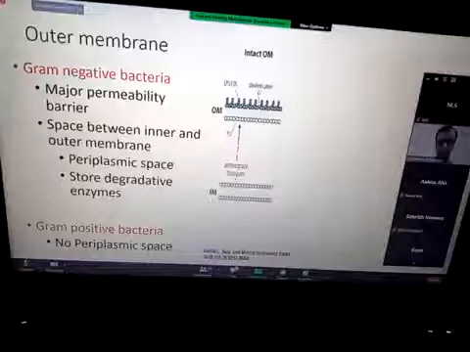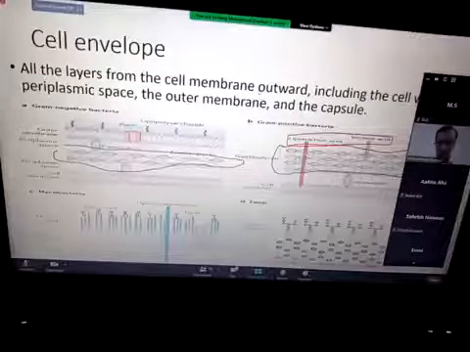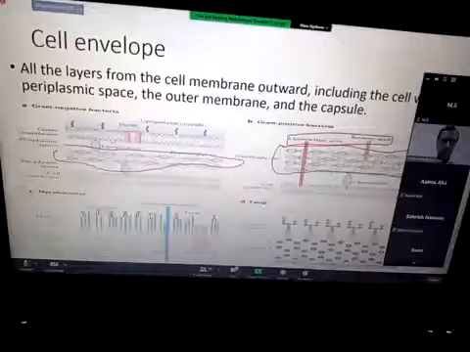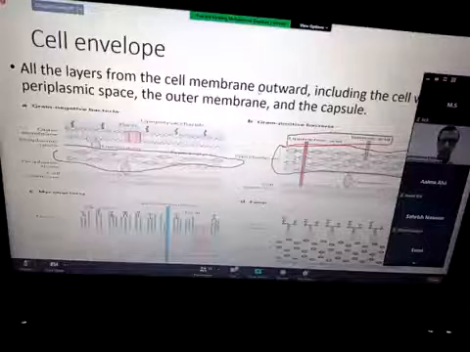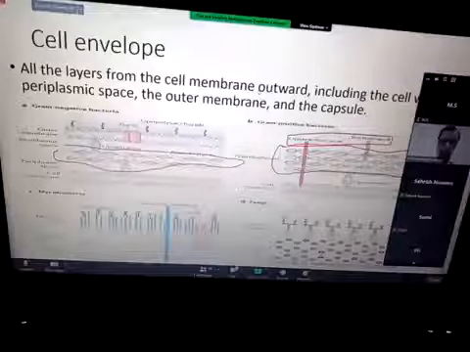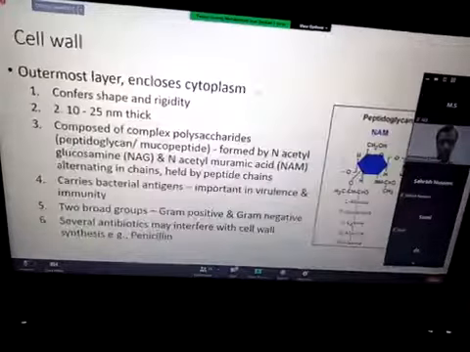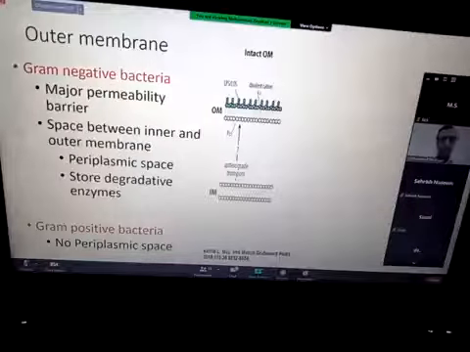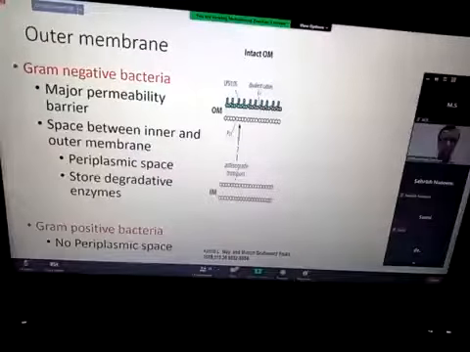We have seen in our last slide that these are the outer membrane, which is outside the gram-negative bacteria, which is a very important site. It is very less in gram-positives, almost negligible, but it's very prominent in gram-negative organisms. As I told you, there's no periplasmic space and no significant outer membrane in gram-positives.